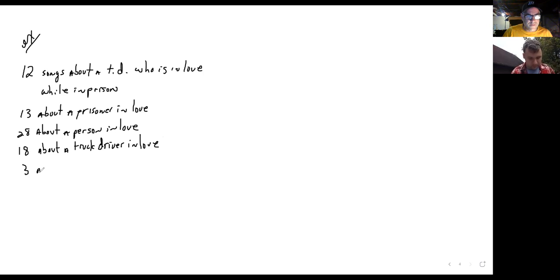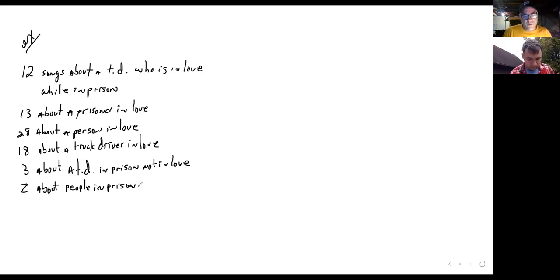3 about a truck driver in prison. Not in love. 2 about people in prison. Not in love. And don't drive trucks.